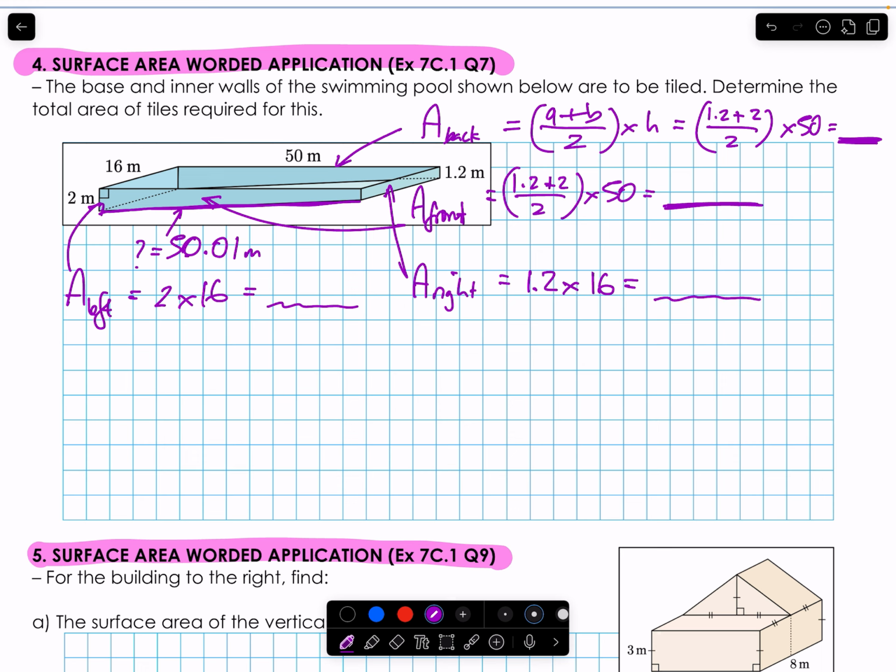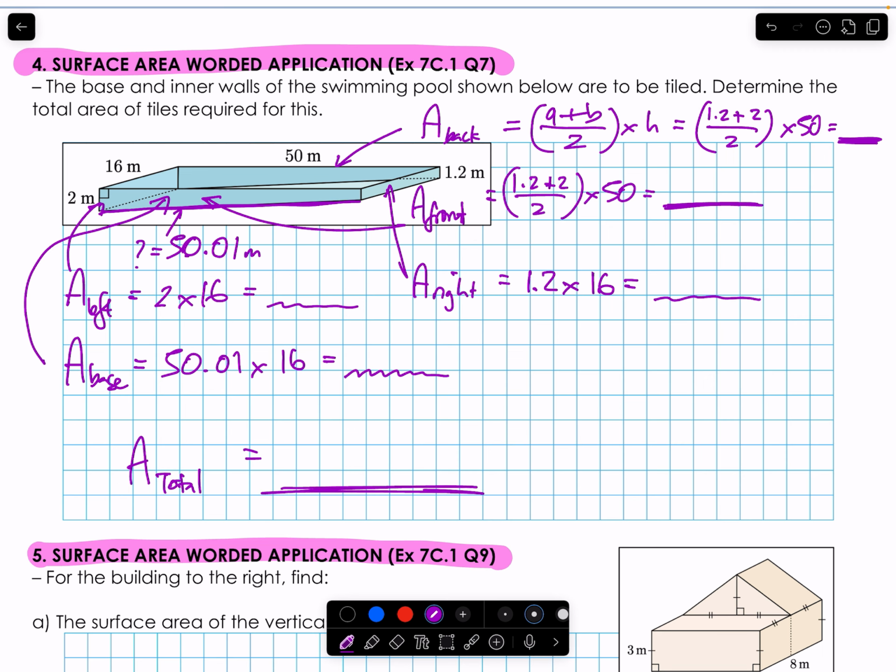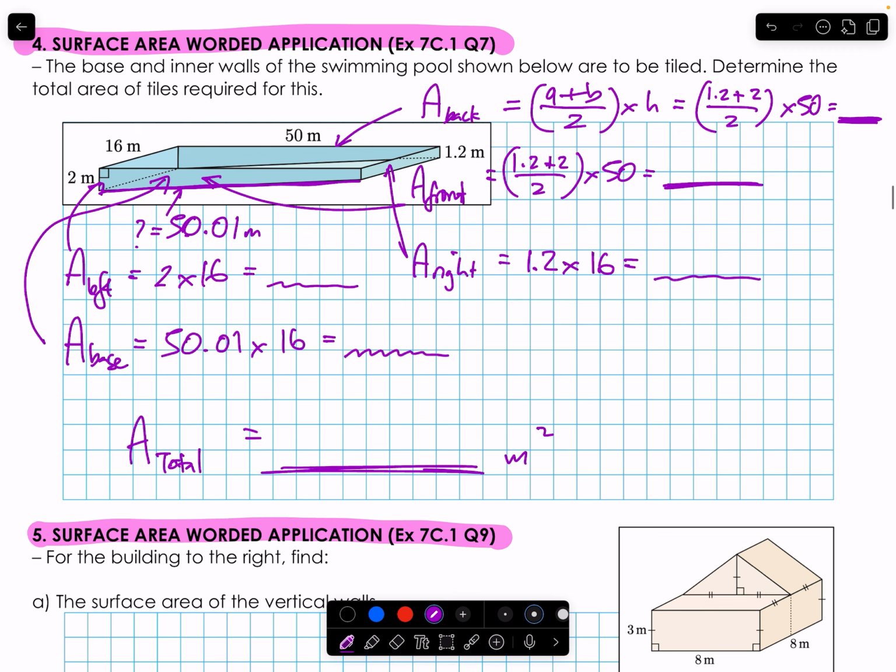Then the area of the base, which is this thing, area base is going to be a giant rectangle, which is 50.01 meters times by 16 wide, which is, let's do a zigzag line there. So now I've set you up for this. Find the area total, add them all together. Okay, then that's going to be in square meters.